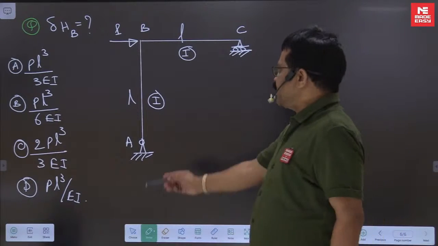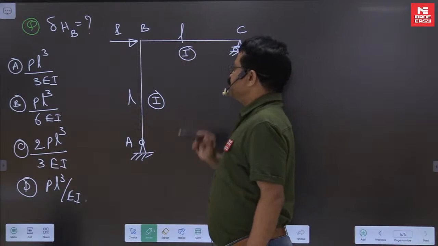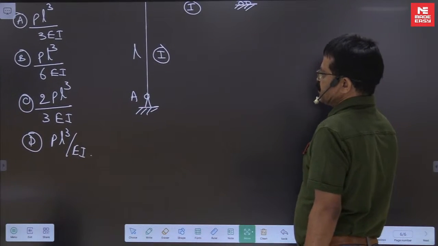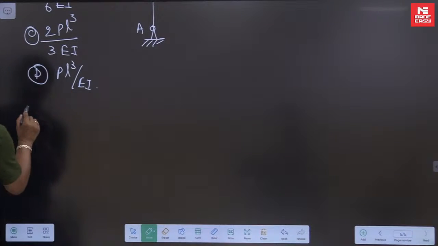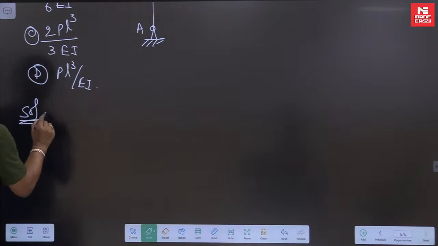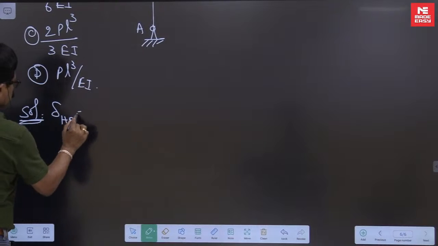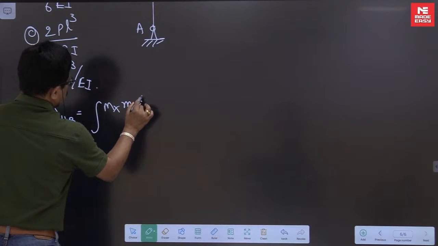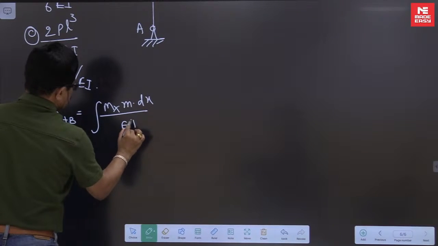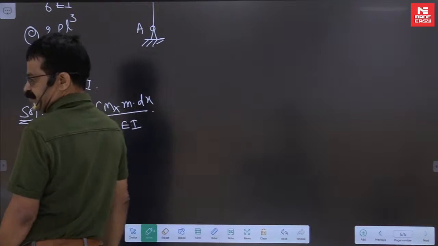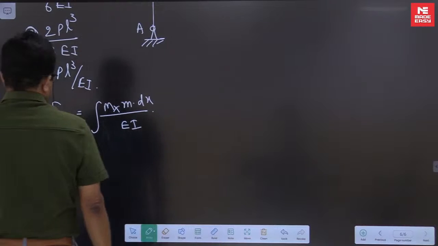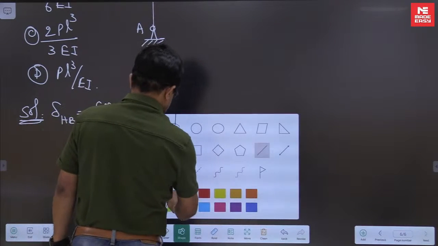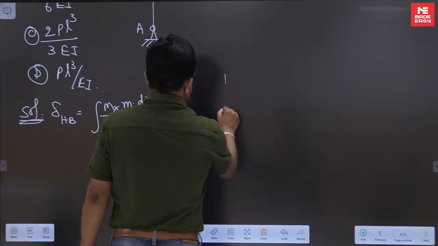We have say 2 minutes time to find what is the horizontal displacement of joint B. First, mx and m values. Integral of mx into m into dx by EI. Okay. Now mx values.